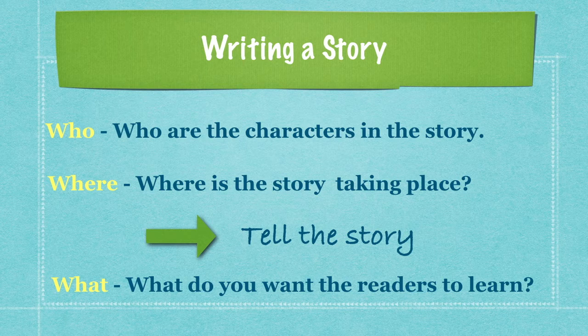Finally, we want to make sure there is some kind of message for the readers. This message can be very clear, or something you want the readers to imply from your story. This message can be something you learned, or some advice you want to give the readers based on your story or experience.